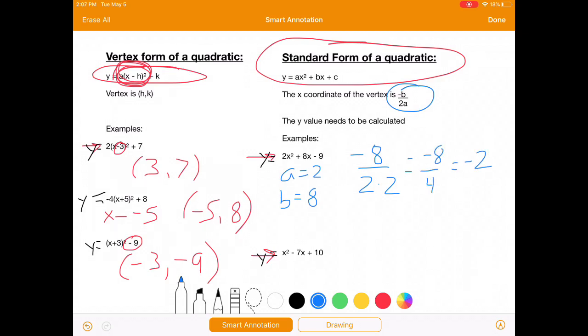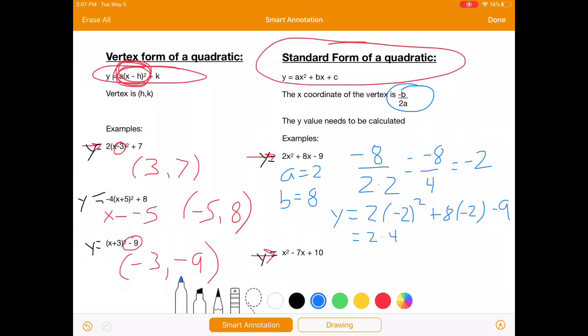Now remember, that is only the x coordinate. All right, so that's our x coordinate, so we have to use that to figure out what the y is going to be. So we're going to need to put that into the equation. So y equals 2, and instead of x squared, we're going to put negative 2 in there, plus 8 times negative 2 minus 9. You could use a calculator here if you wanted to, or we can just go through the math.